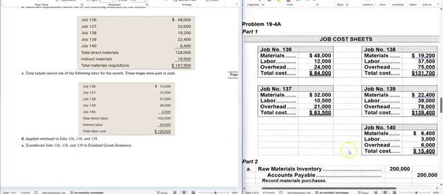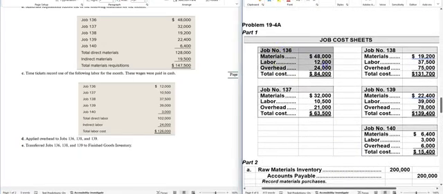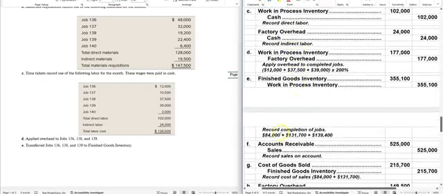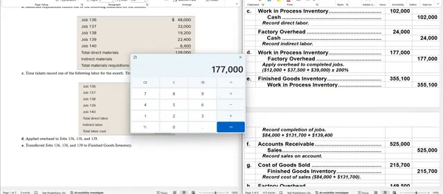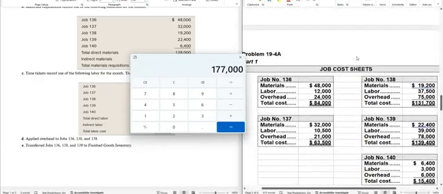I only want to transfer costs associated with 136, 138, and 139 into finished goods. So if I add up those three costs from my job cost sheets and total them up, 84,100 plus 131,700 plus 139,400.